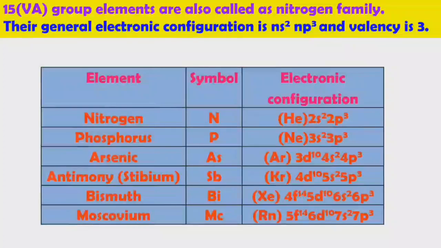For phosphorus it is 3s2 3p3. For arsenic it is 4s2 4p3. For antimony it is 5s2 5p3. For bismuth it is 6s2 6p3. For moscovium it is 7s2 7p3. That's why the general electronic configuration of 5th A group elements is ns2 np3 and their valency is 3.